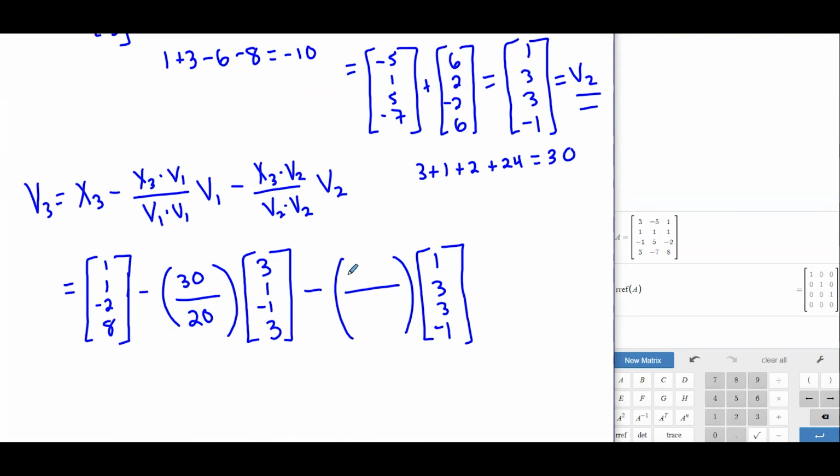And then on the second fraction, we have x3 dot v2. x3 is the first vector here, and this is v2. So let's dot product them. I get 1 plus 3 minus 6 minus 8, negative 10.